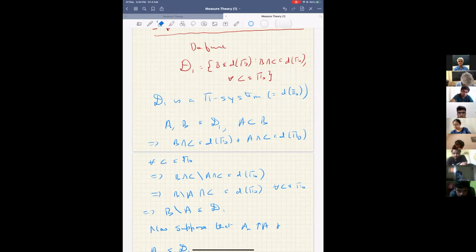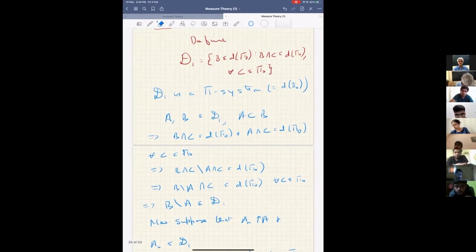That means A intersection C is in D of pi 0 for C in pi 0, and B intersection C is in D of pi 0 for C in pi 0, by definition. So then you look at B intersection C minus A intersection C, so that's going to be in D of pi 0.